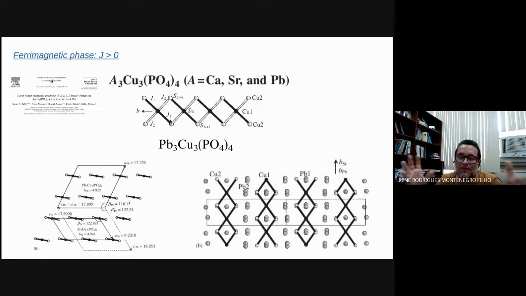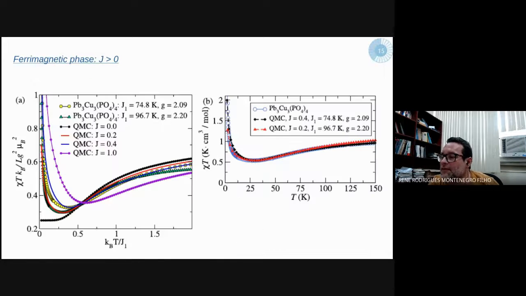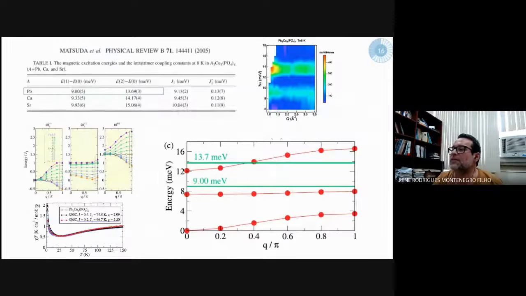So they have tried to understand the neutron scattering experiment with 3 spin 1/2. They have obtained these values from this extra coupling, J1 prime, J1, and J1 prime, and it's very little compared to the values of J1 here.